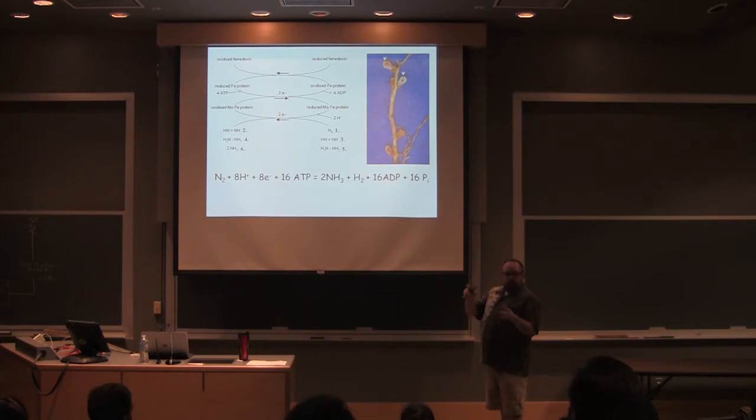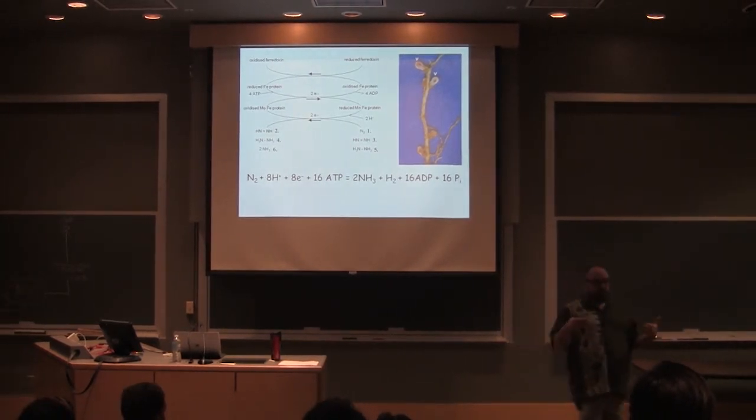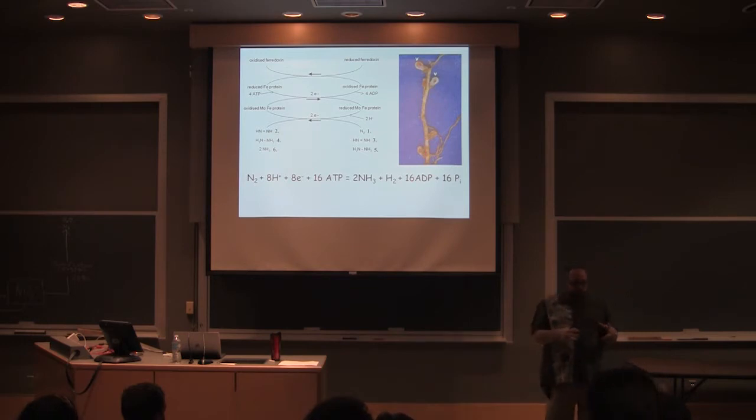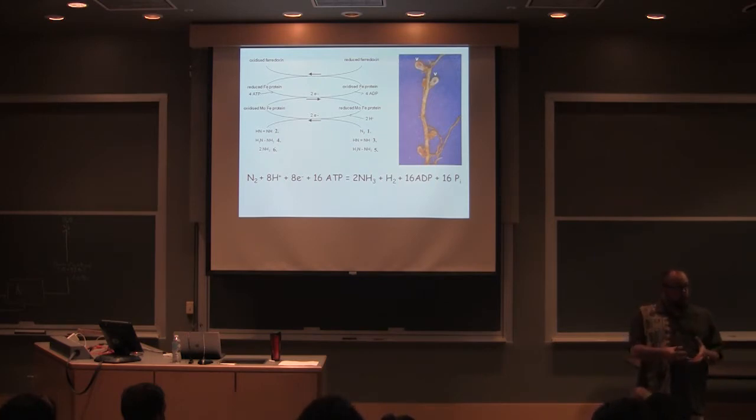There's two different categories of this kind of fixation in terrestrial systems. The first are symbioses between plants and bacteria. That's what you see here, these little nodules. That's plant tissue that has enclosed Nostoc, in this case, a bacterium, in a mutualism. The benefit to the plant is these bacteria in there will do this reaction and provide a nitrogen source. From the bacteria's point of view, this is a really nice place.